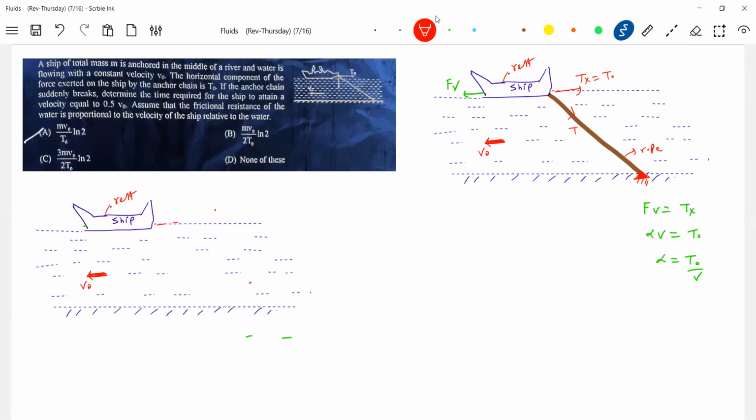Let's get into the discussion now. Read the question carefully. What will happen to the ship?